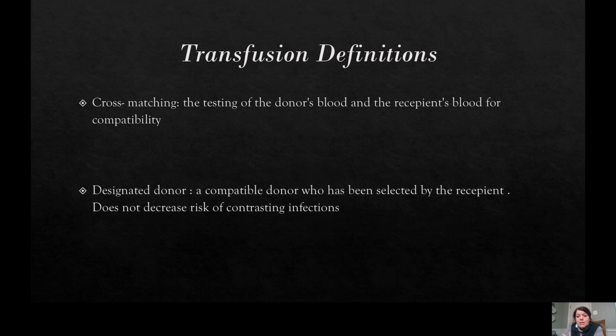When you go to donate, you can say, I am the designated donor for so-and-so. It's still going to go through that battery of testing, but some people are just unwilling to receive the blood of a stranger. Blood centers try to do what they can in regards to that, and they have to consent to receiving the blood.